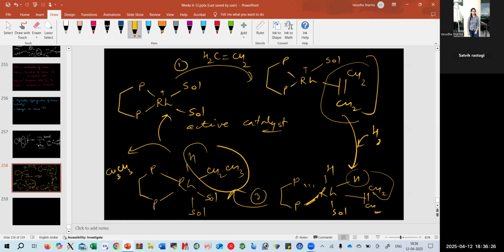But step number one and step number two would be different from the previous one. They won't be the same for all the systems, based on how the catalyst has been designed and what the fastest and slowest steps are. Based on that, there will be competition whether oxidative addition is going to happen first, or it is going to coordinate with the alkene first. So is that fine? Is that clear?